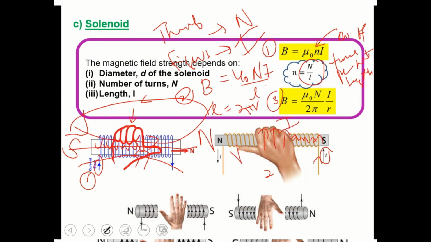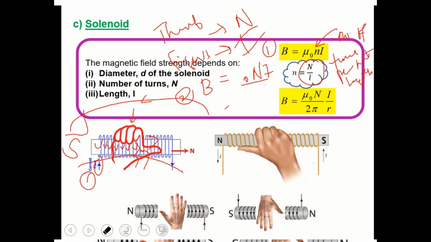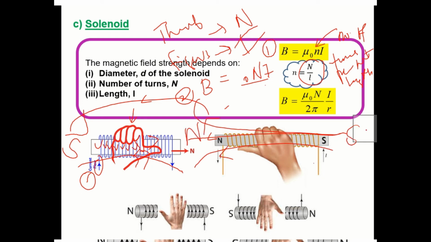Yang ni direction north, so kita dapat north kita sekarang ni kat sebelah kiri. Alright. So yang ni north, yang ni south. So untuk another 2 figure ni you can play by your own.